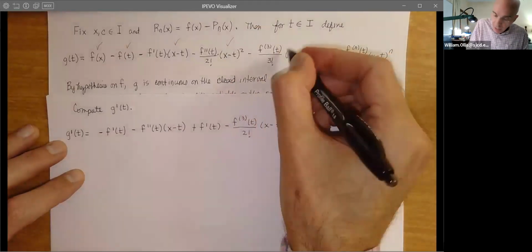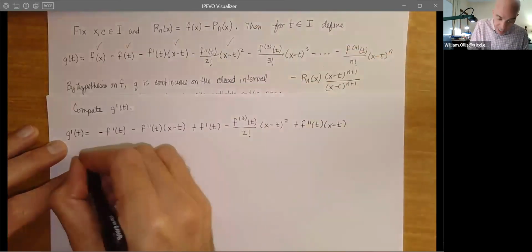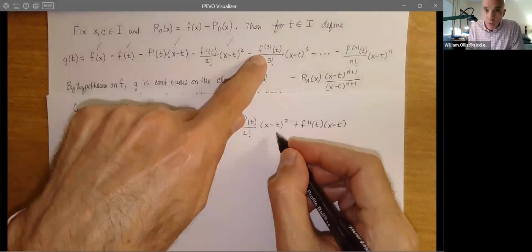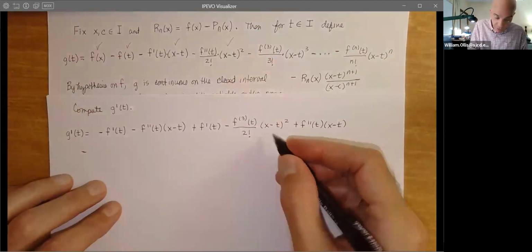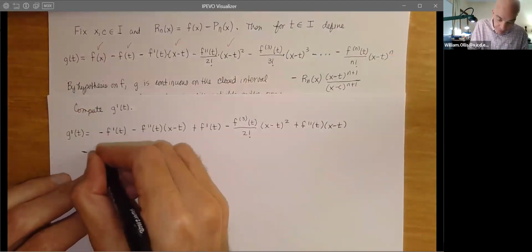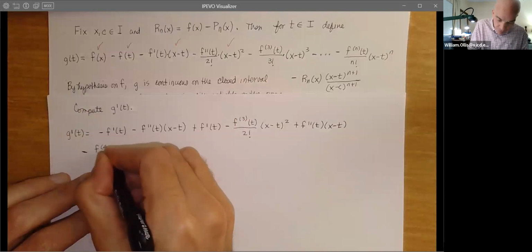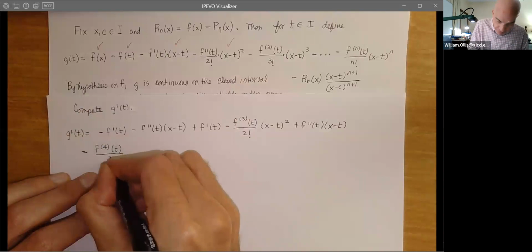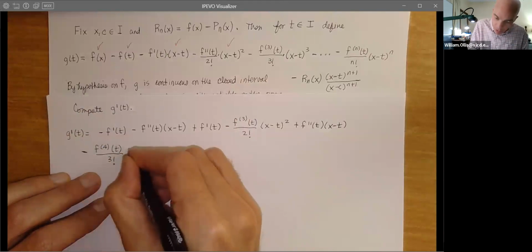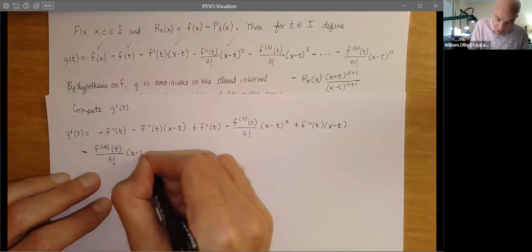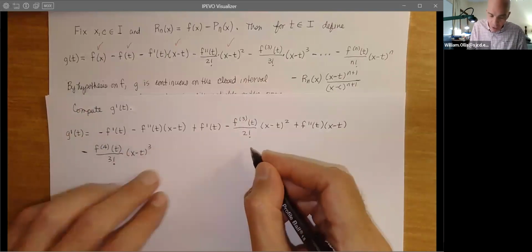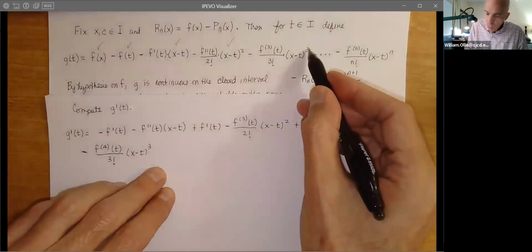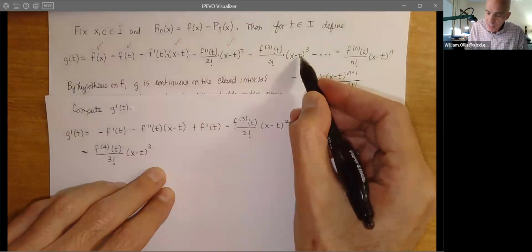So again, product rule, we have minus, so we take the derivative of this term, we get the 4th derivative in the abstract. And then we have an x minus t to the 3rd. Now notice when we take the derivative of this term, the same thing happens.